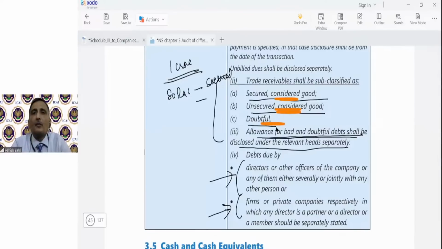So I would request you students to remember Schedule 3, to remember the requirements of Schedule 3. उसमें आपका अकाउंटेंसी का भी एक चैप्टर कवर हो रहा है और ये चैप्टर साथ में उसका एडेड बोनस है. अकाउंटेंसी में भी आपको हेल्प मिल रही है क्योंकि अकाउंट्स में तो आपका जगह जगह शेड्यूल 3 यूज होगा कंपनीज की बैलेंस शीट में, तो वहां तो आपको क्लैरिटी होगी साथ में ऑडिट में भी क्लैरिटी हो जाएगी.